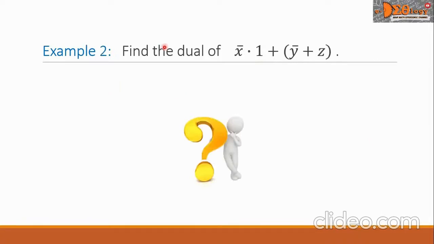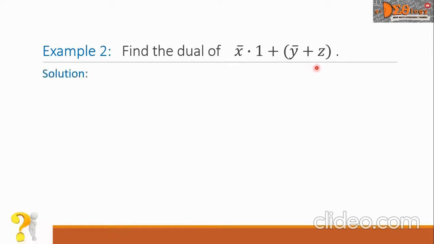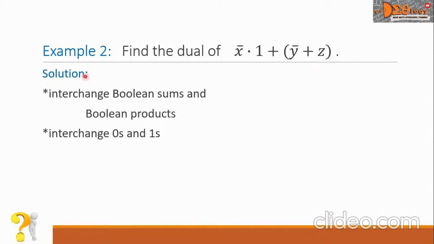Example 2. Find the dual of x complement times 1 plus the quantity y complement plus z. For our solution, we will interchange Boolean sums and Boolean products, also interchange zeros and ones.